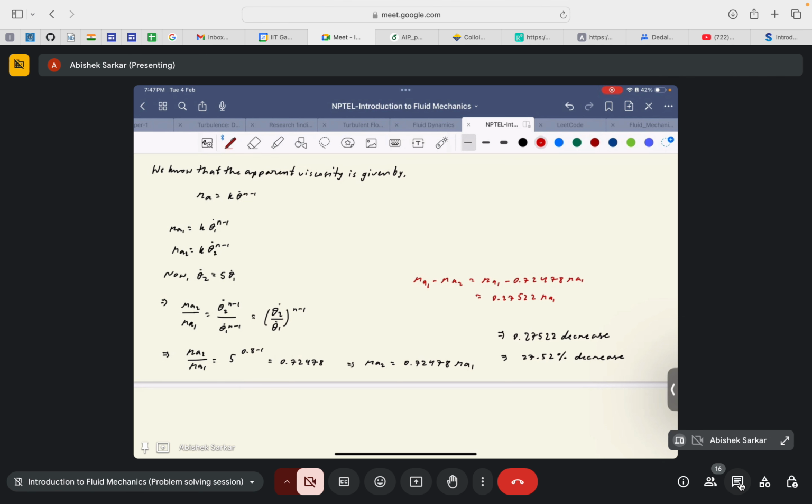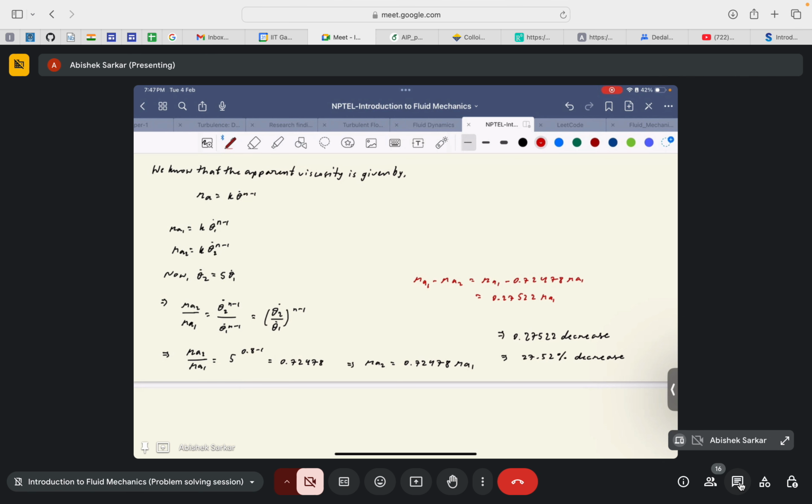That's why they're mentioning that if we increase the temperature, what happens to the viscosity? Because the ideal gas by its definition has to be, now, even if the molecules are far apart, if we increase the temperature, chances of collision between these gas molecules will increase, because the kinetic energy increases.